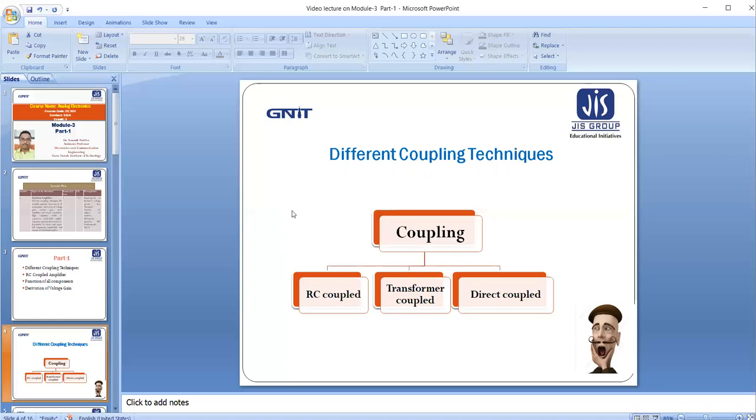But when we are thinking about the practical amplifier, the voltage gain of a single stage amplifier is not sufficient to produce the desired output, and also there is a phase reversal for a common emitter amplifier, so that is also a major concern.